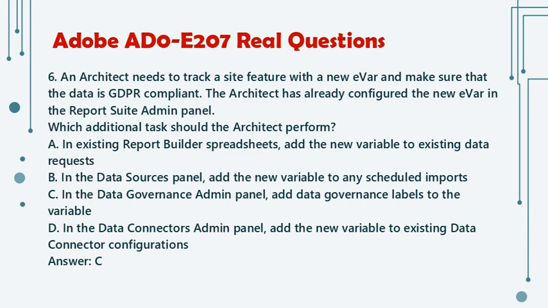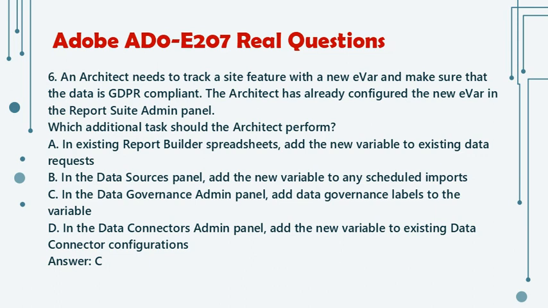6. An architect needs to track a site feature with a new eVar and make sure that the data is GDPR compliant. The architect has already configured the new eVar in the Report Suite admin panel. Which additional task should the architect perform? A. In existing Report Builder spreadsheets, add the new variable to existing data requests.